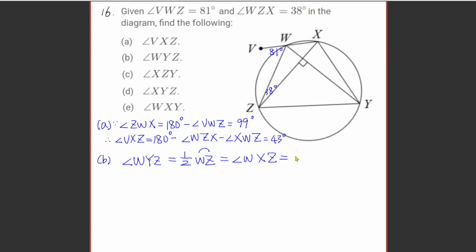And that gives us 43 degrees as well. Question C, find angle XZY.